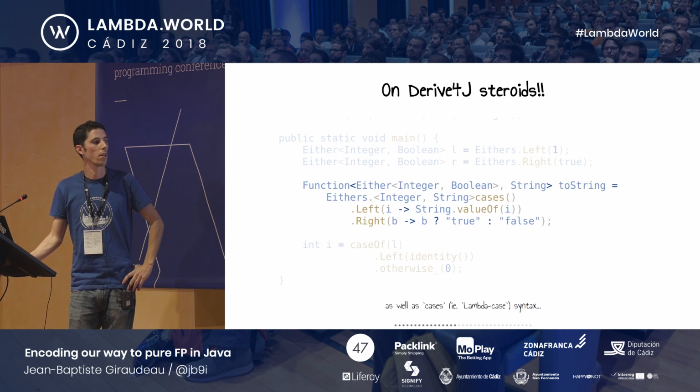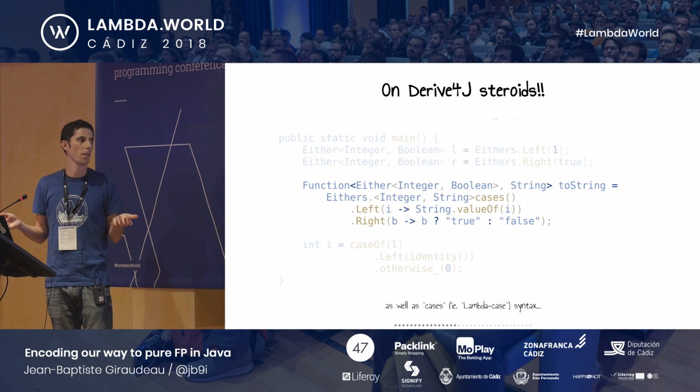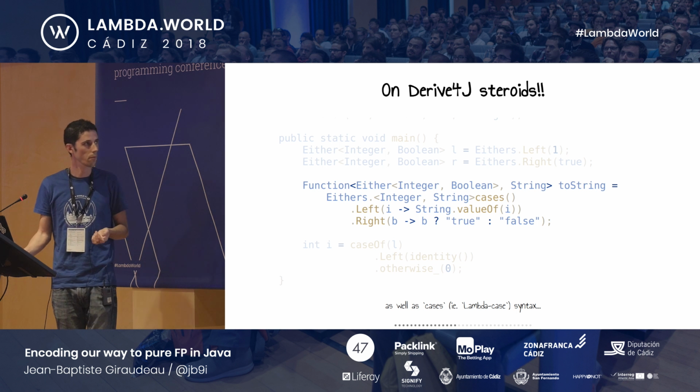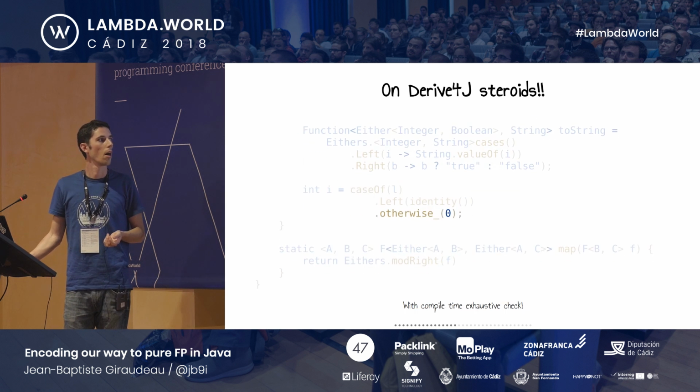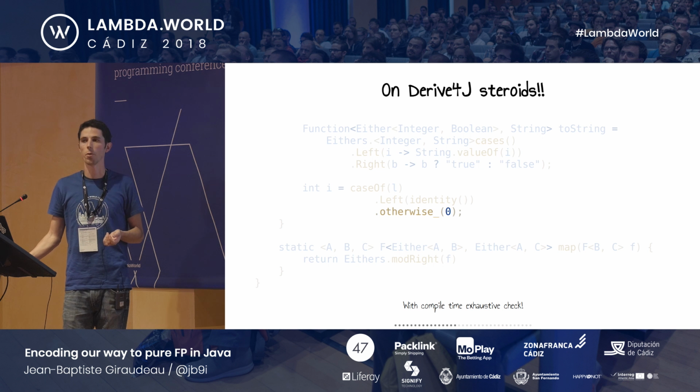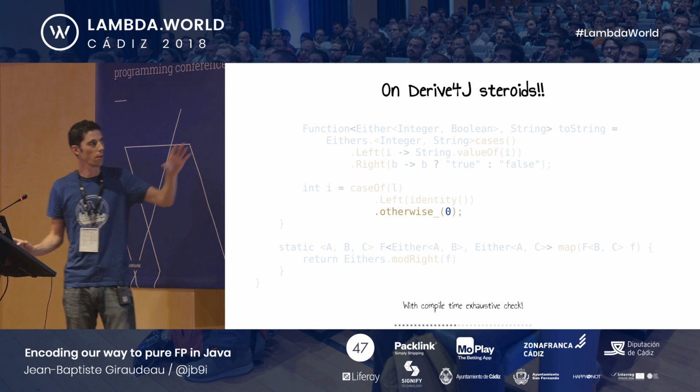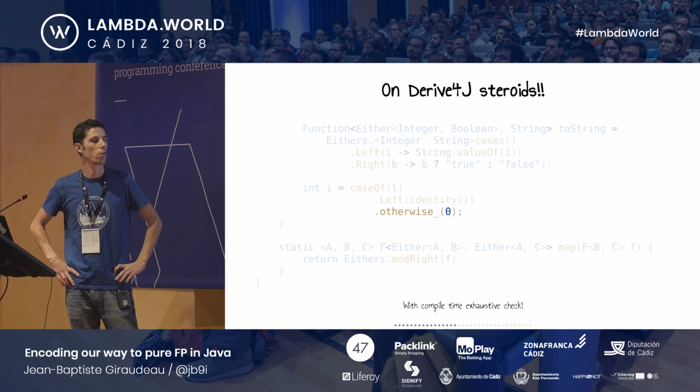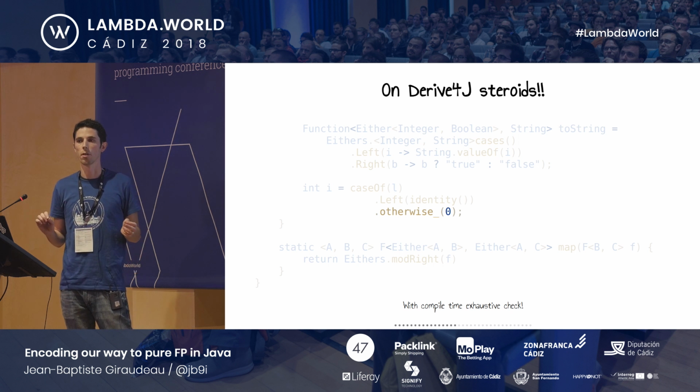It also generates a first-class pattern matching syntax as a function. And most importantly, the pattern matching syntax will ensure that you handle all the cases. If you don't handle all the cases, it will not compile.